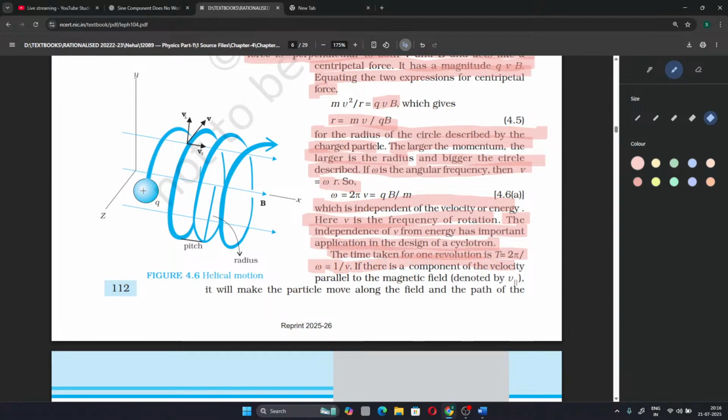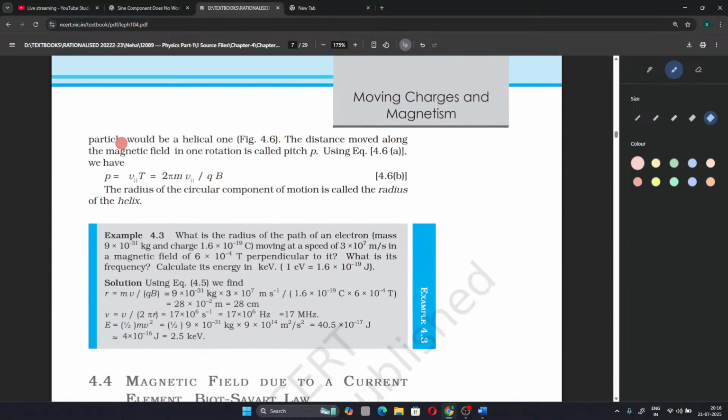There is a component of velocity parallel to the magnetic field, denoted by v parallel. It will make the particle move along the field, and the path of the particle would be a helical one. The distance moved along the magnetic field in one rotation is called pitch.